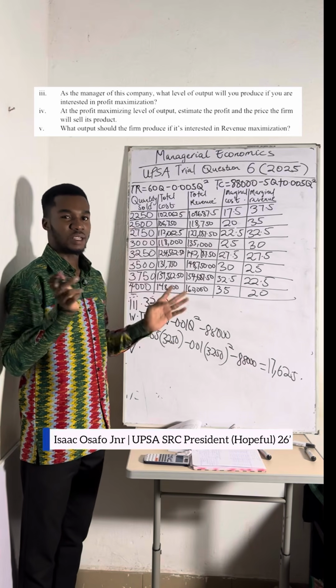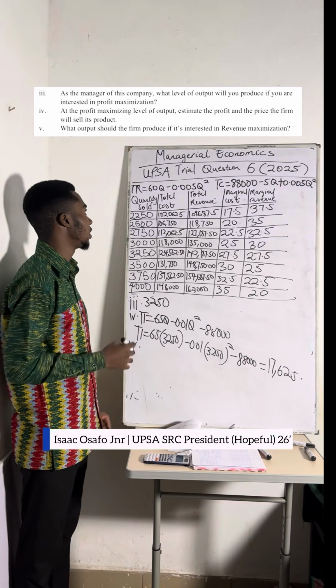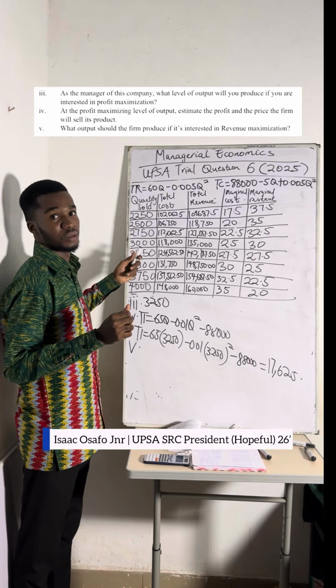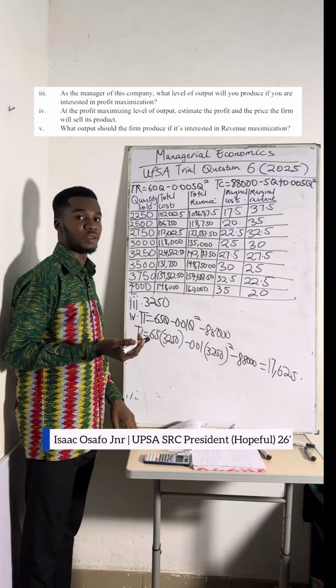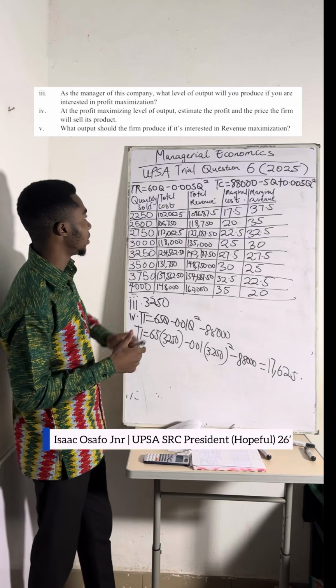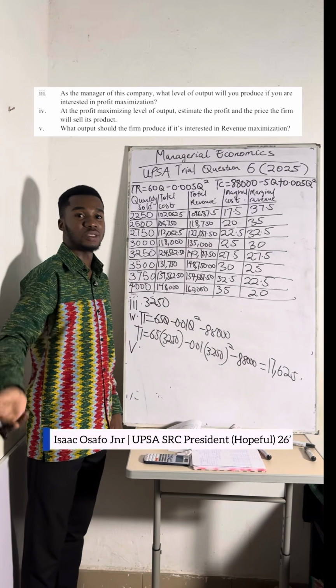You're just looking at the one that will give you the highest revenue. And to do that properly, we'll have to differentiate the total revenue function and equate it to 0.